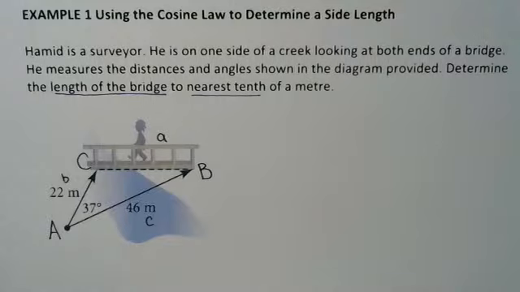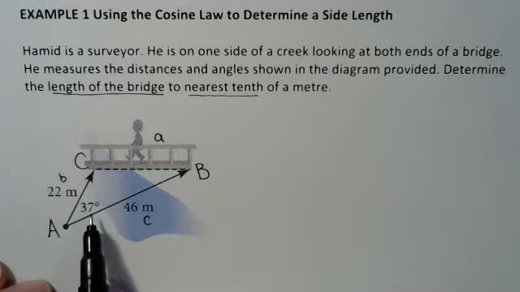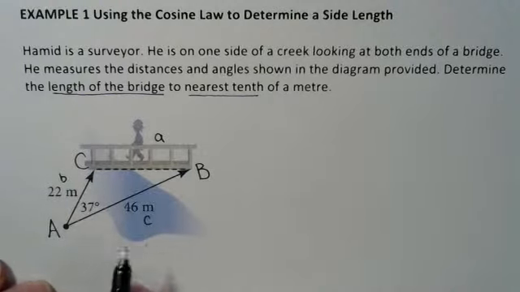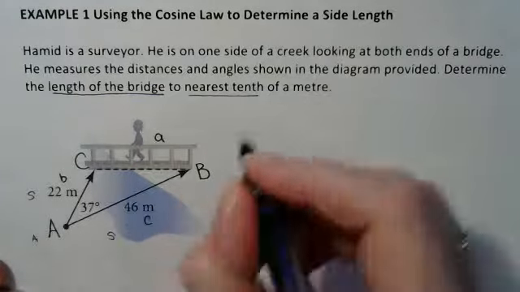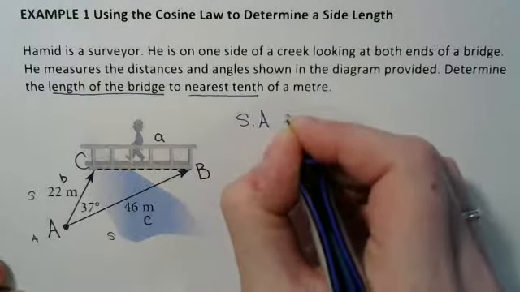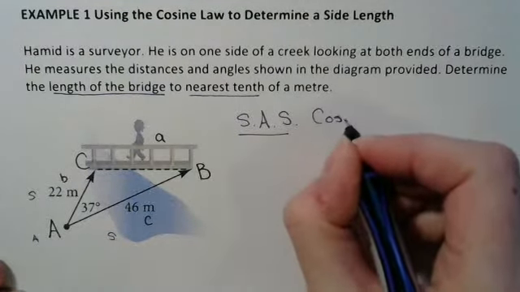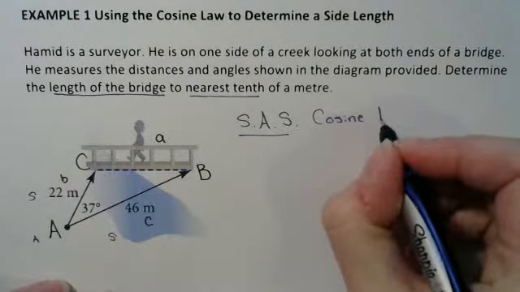Now, in this situation, you can see from the way the triangle is drawn that we have an angle, and we notice that the angle that we have is in between two side lengths. So as soon as you have this side, angle, side, you know that you can use cosine law. That's how to look for it if you're looking in a different question. That's side, angle, side. So we're going to use the cosine law.